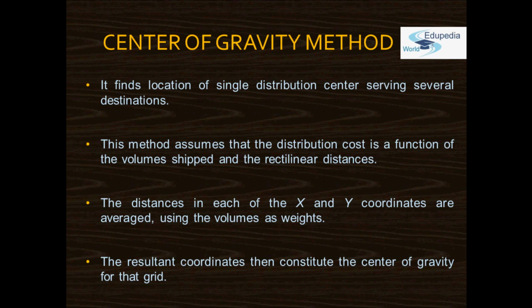Alright, so moving ahead, the center of gravity method finds the location of a single distribution center serving several destinations. Now if we look at all the three methods based on the grid positions, in the load distance method we have a few prospective locations in addition to the existing locations. That is, we have a few limited candidates, 1, 2 or 3, and out of these we select the one which has the minimum distance from all the existing locations.